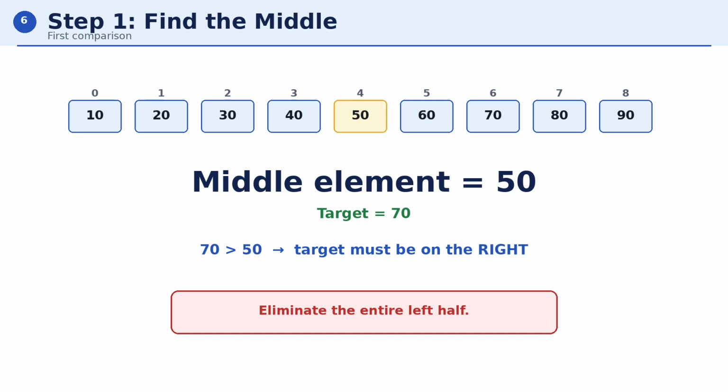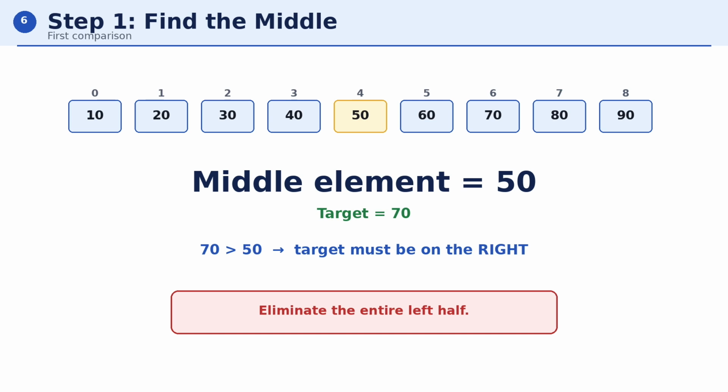Here the middle element is 50. Now we compare our target with the middle. Our target is 70. So we ask, is 70 equal to 50? No. Then we ask, is 70 smaller than 50? No. 70 is greater than 50.